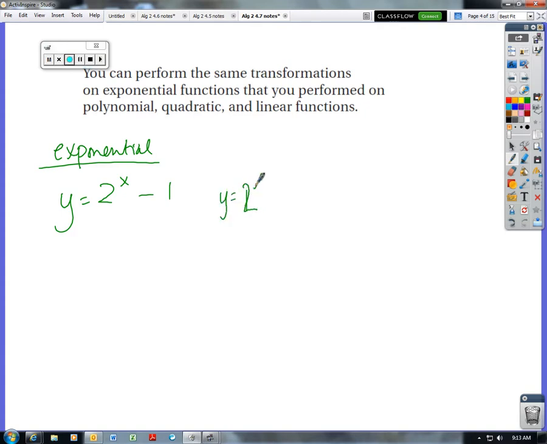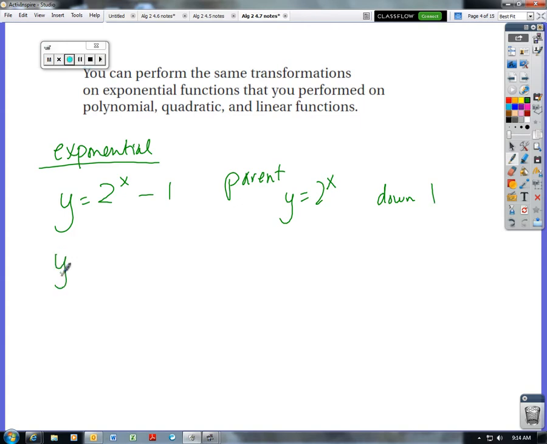The parent, just as this quick review, is y equals 2 to the x. And then the minus 1 is, since it's on the outside, that's going to move it down 1. And if it was a plus, it would move it up.